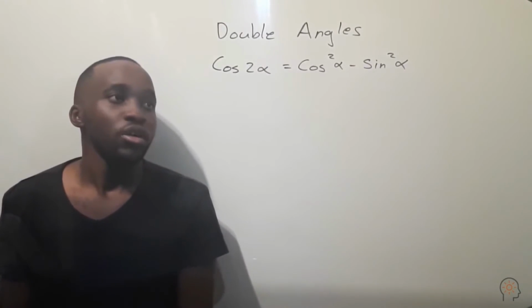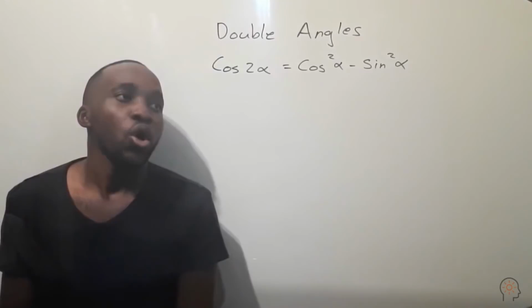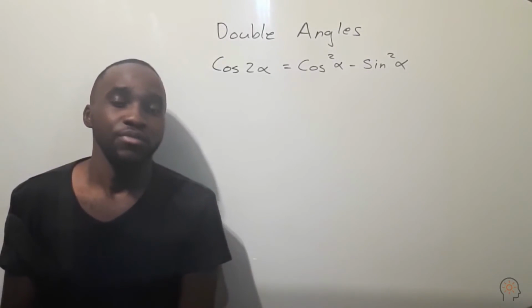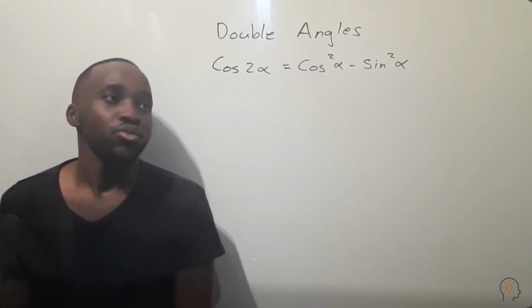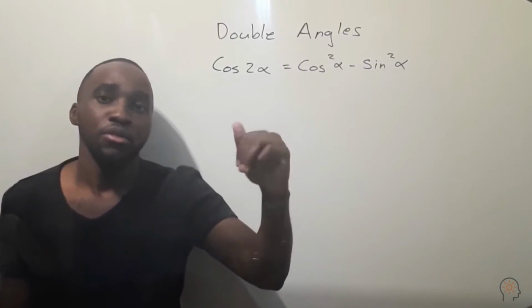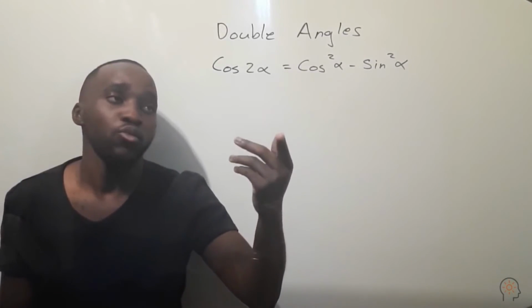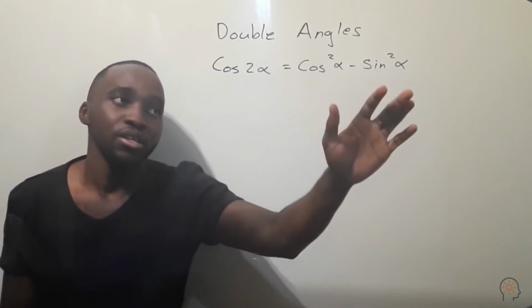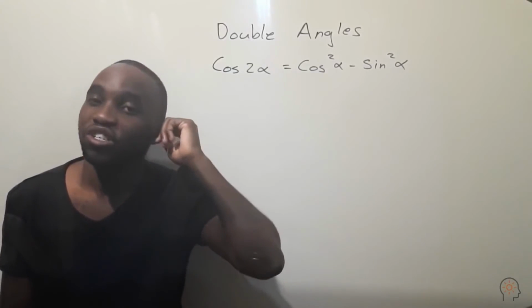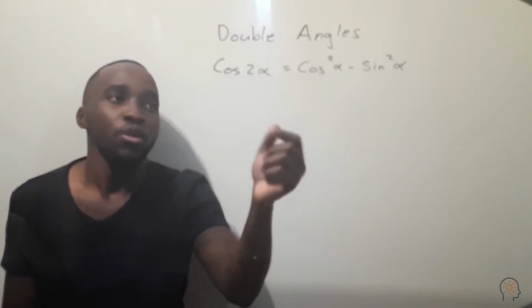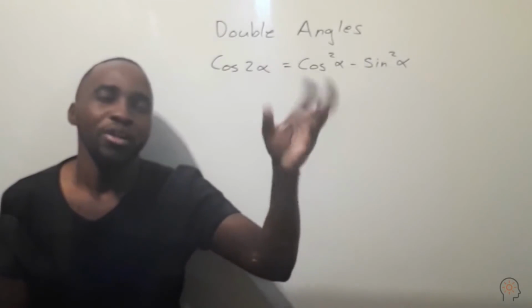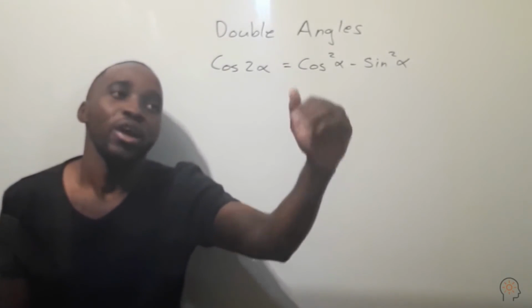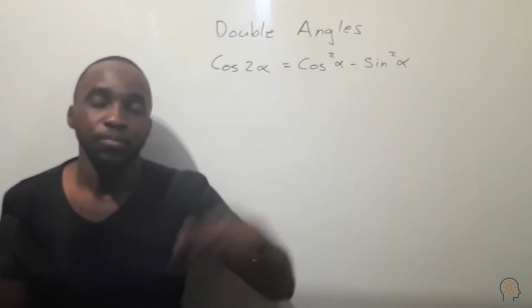The other two basically come from your square identity, right? So the other two, I'll just jot them down and then we'll explain where they come from, right? And we'll also explain why this is the main one, and then the other two, they just come from you making use of your square identity to manipulate it in such a way that you end up with those two formulas, right?